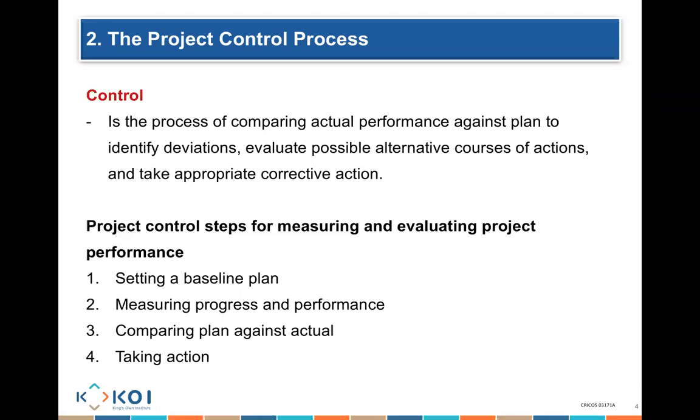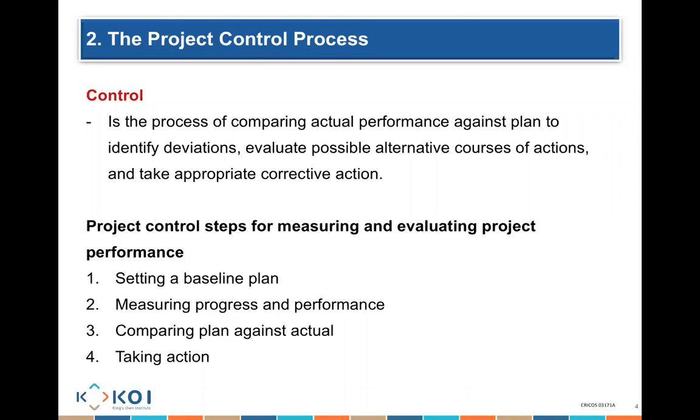So comparing the actual performance against my plan at any point of time. If I am, let's say, spending more money than what I'm expected to spend, I need to know that information. The reason why I need to know is because I need to conduct and take the corrective actions that are needed to be able to get the job done.